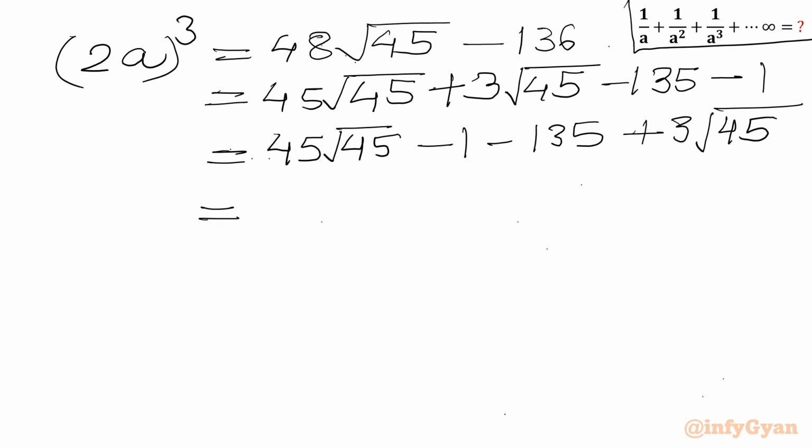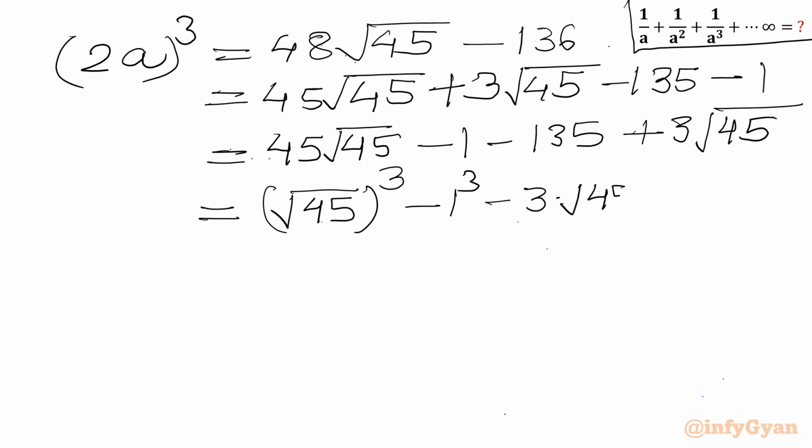Can we write 45 root 45 as square root 45 whole cube? Similarly 1 cube. Similarly minus 3 times root 45 square times 1. And last term 3 root 45, 3 times root 45 times 1 square.